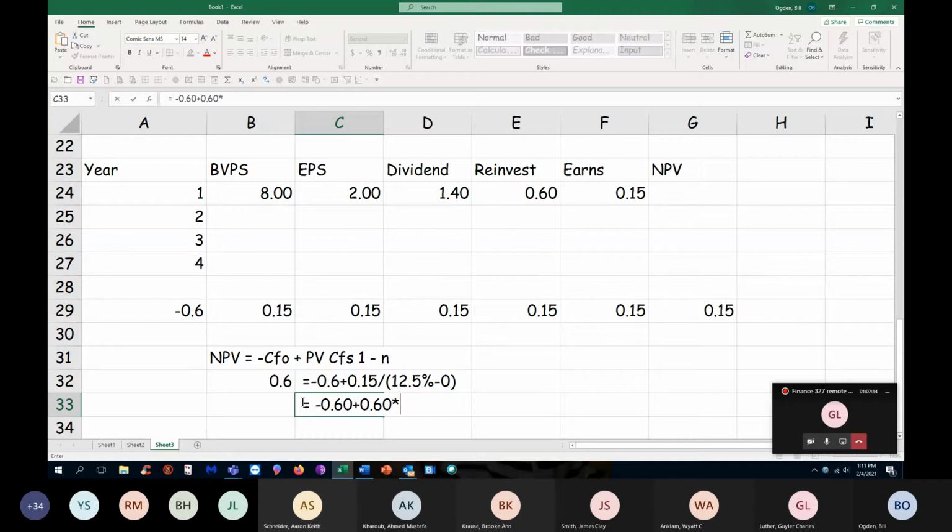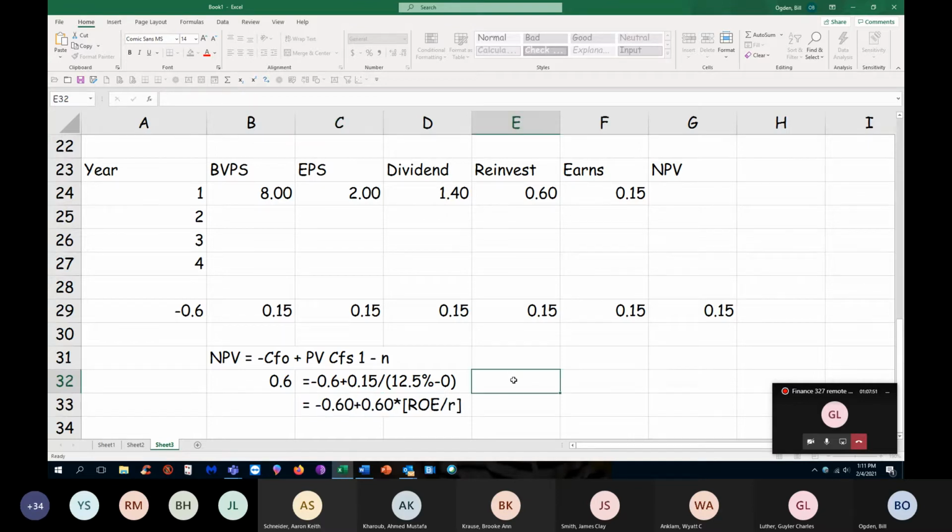It earns times ROE. And then we just did what? Divided by R minus G, which is just the same as dividing by R. So what I'm going to do is bracket here and divide this by R.